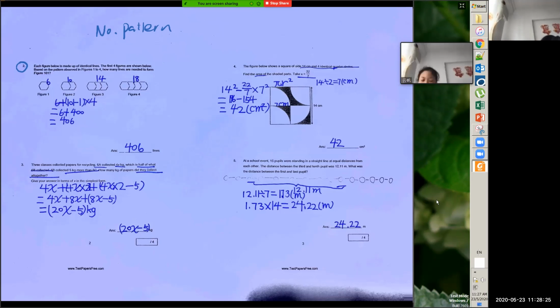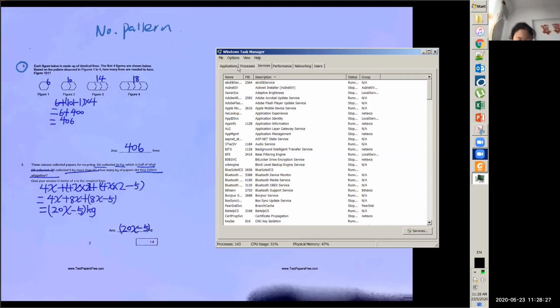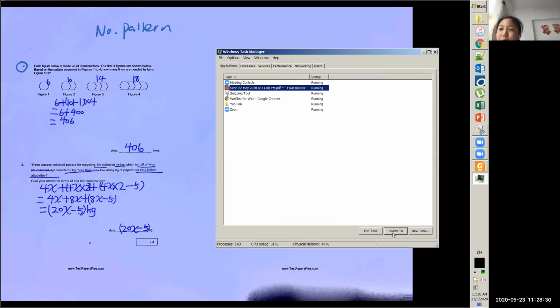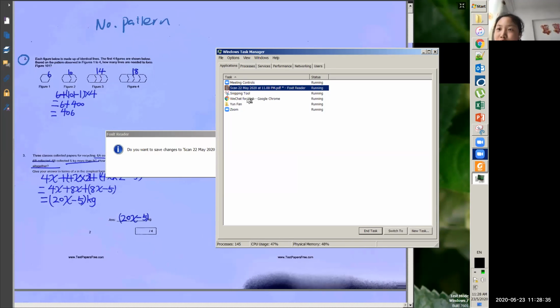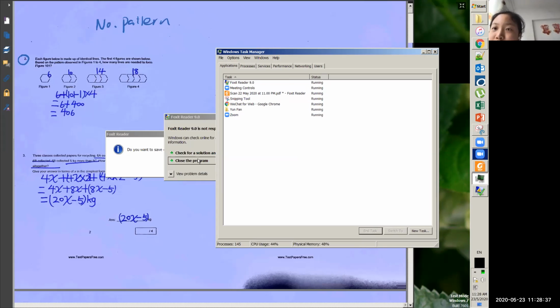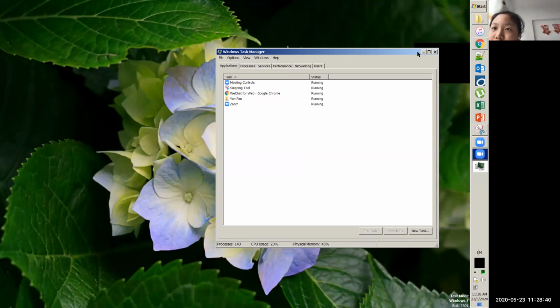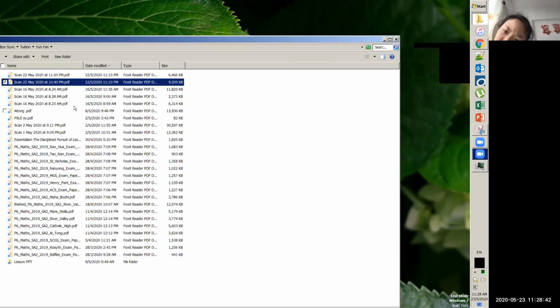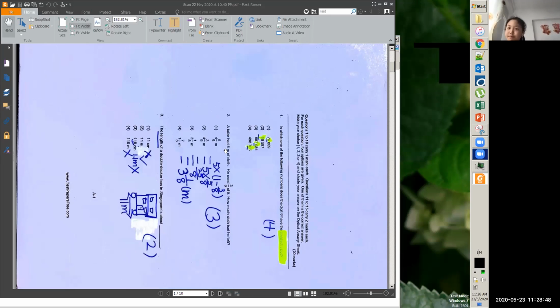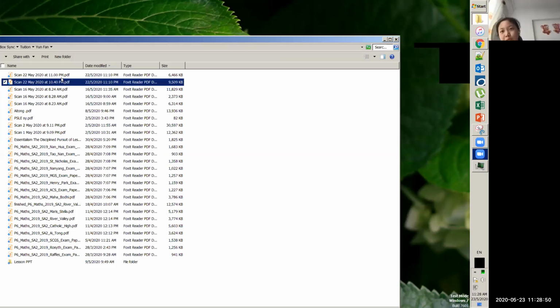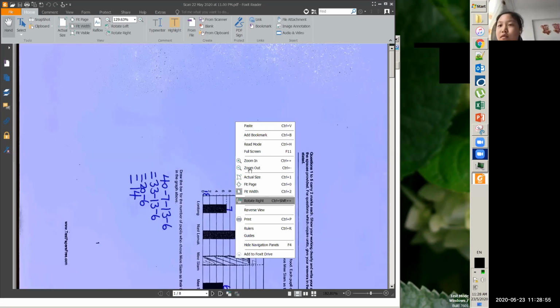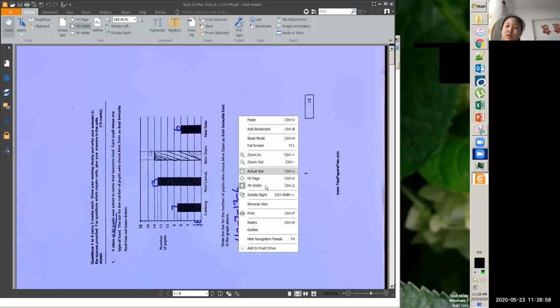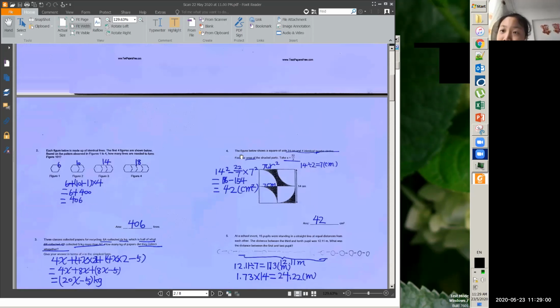I need to close some of the windows. Let me open it again. Let me see if this is the one. No, this is not the one. Okay, this is the one. Let me rotate. Okay, good. Let's come back to this.